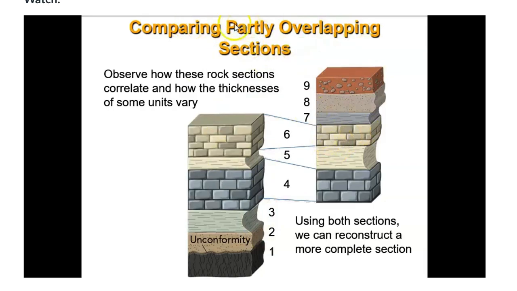So in this example here, we can see how we have the correlation of rock unit 4, the correlation of rock unit 5, and the correlation of rock unit 6 in these two separate stratigraphic columns. By correlating these and utilizing both sections, we can see how we obtain an understanding of older rocks and younger rocks when we use these sequences together.